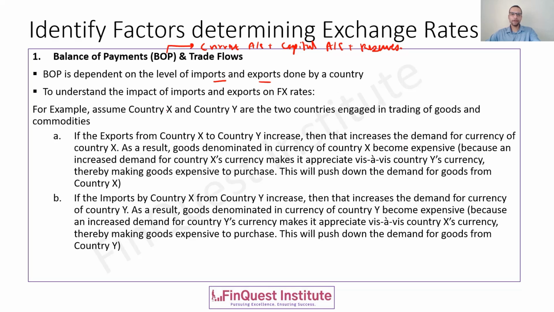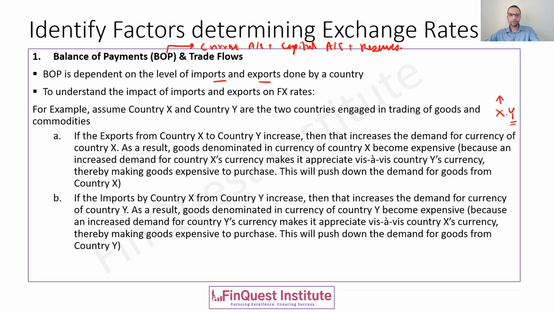If the demand for X is going to rise, then it is going to become more expensive relative to Y, because people in country Y, where Y is their currency, will have to procure X in order to purchase the products coming in from X.